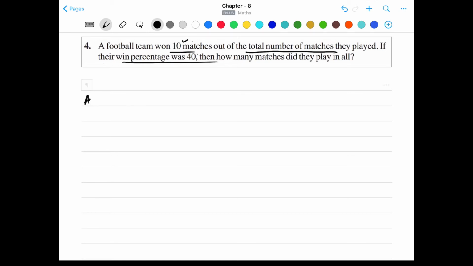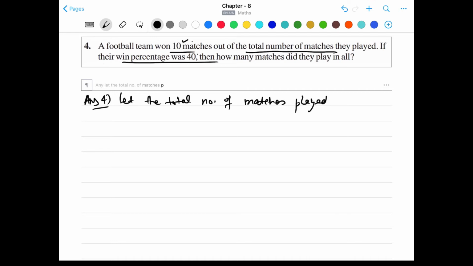Okay, let's write this answer number 4. First we'll write: let the total number of matches played by a football team be equal to x.